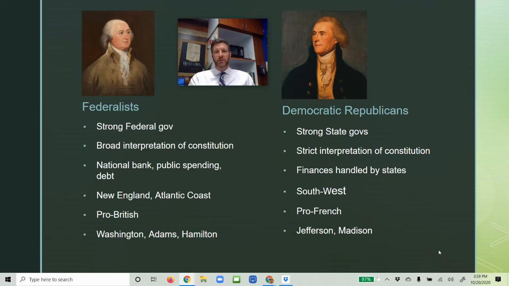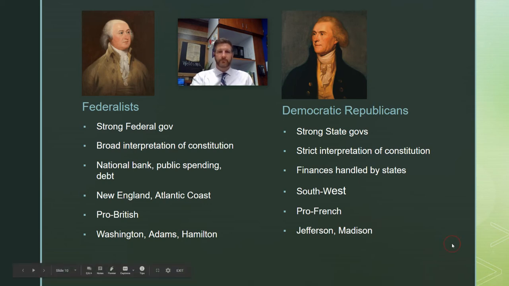They wanted the Constitution strictly interpreted because they didn't want any extra powers given to the federal government that might violate the inalienable freedoms of people. They were largely more in the South, where there was less population, more rural, as well as the western frontiers. And Thomas Jefferson and James Madison were strong adherents of that movement in the beginning.